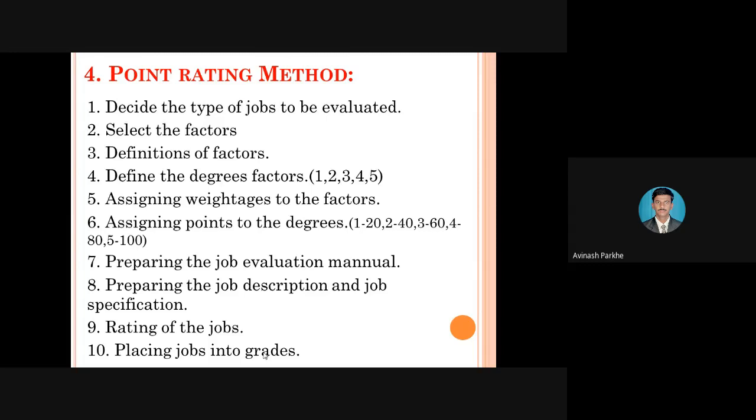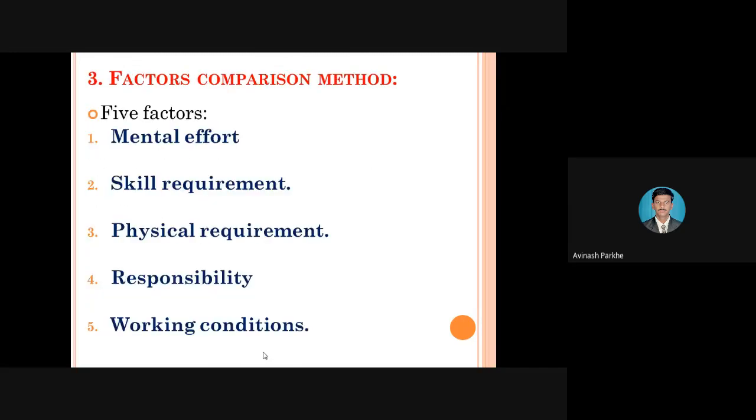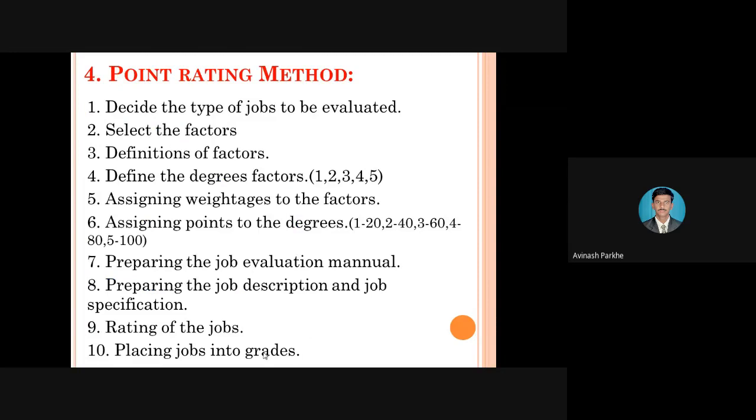Then third method we have discussed, factor comparison method, where 5 factors we have considered for comparison purpose. And this is the point rating method where the factors are considered, degrees are given, weightage is given, and the evaluation takes place.